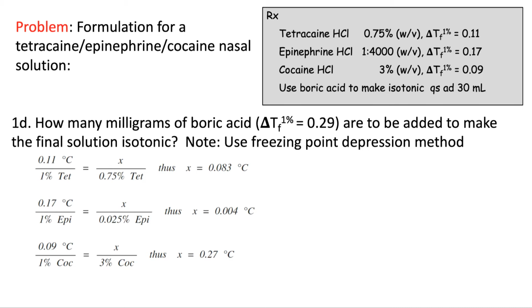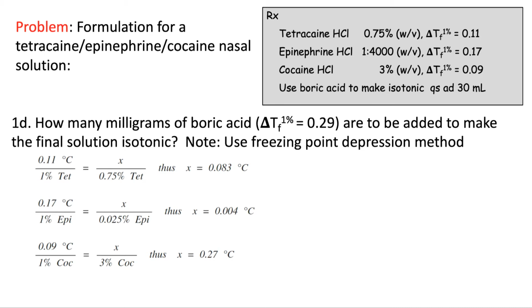I've gone ahead and quickly calculated that 1 to 4,000, so 1 gram per 4,000 milliliters, is the same as 0.025 grams per 100 milliliters. Therefore, it's 0.025%. So I've quickly changed the concentration to percent since that wasn't the main emphasis of this part of the question. So trust me, 0.025% epinephrine is the same as our 1 to 4,000.